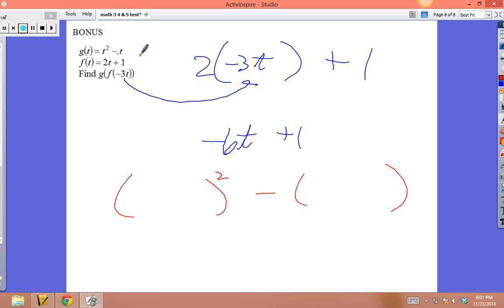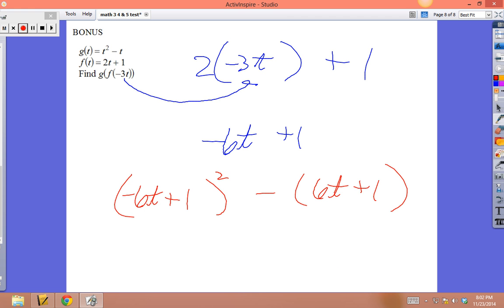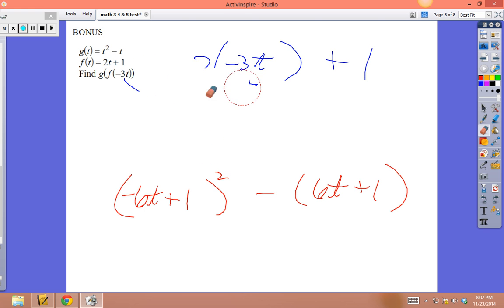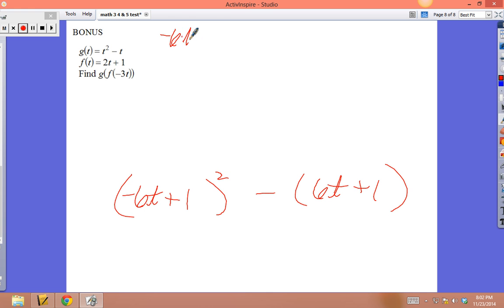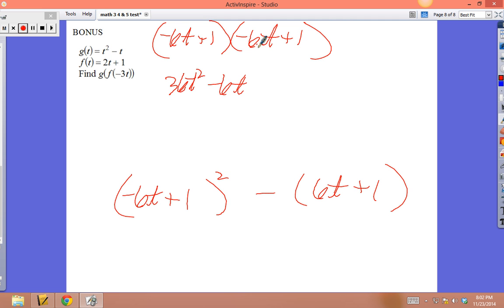So I'm going to plug in place of those t's, I'm going to put a negative 6t plus 1, negative 6t plus 1. Okay, now I got to do a negative 6t plus 1 squared, which is a negative 6t plus 1 times itself, a negative 6t plus 1. So if I times my negative 6t, that's positive 36t squared. Negative 6t times 1 is negative 6t. 1 times negative 6t is negative 6t. 1 times 1 is 1.